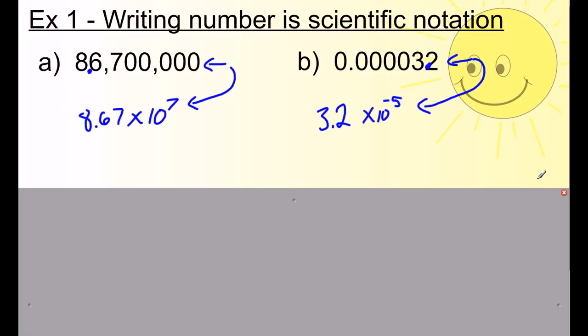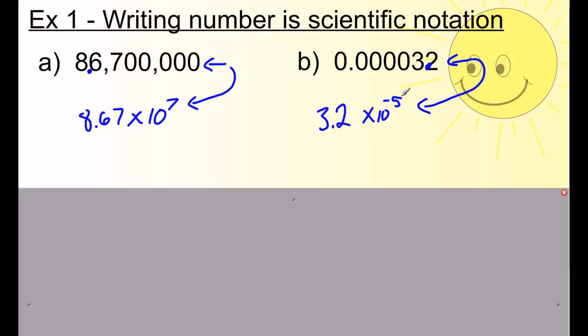If you start out with a big number, a number bigger than 1, your answer is going to have a scientific notation with a positive exponent. If your number in standard form is 0 point something, your answer is going to give you a number in scientific notation with a negative exponent.